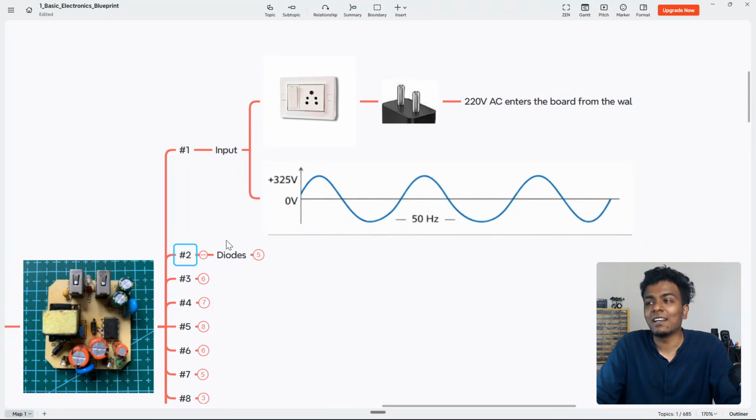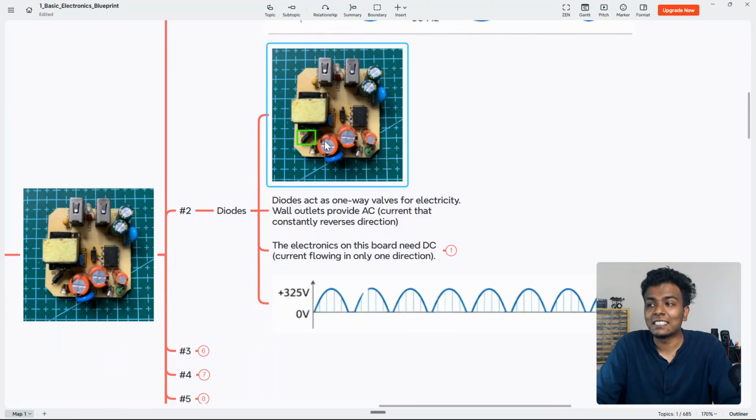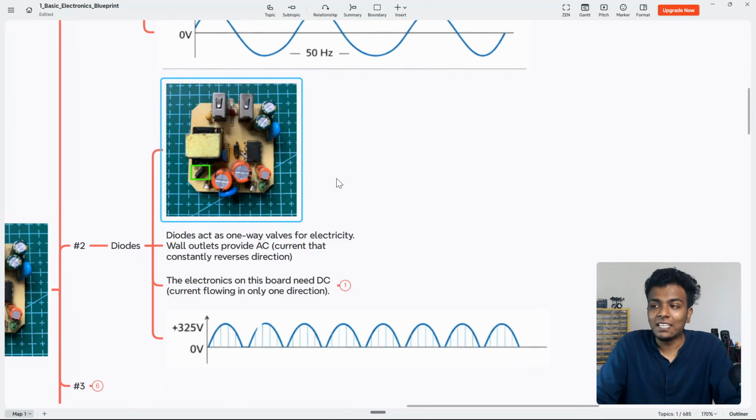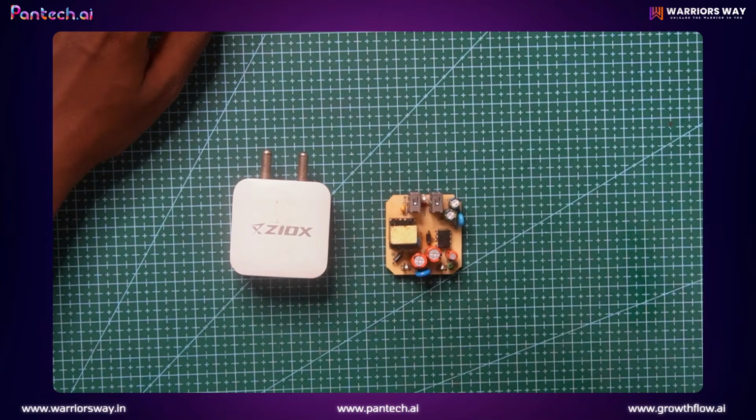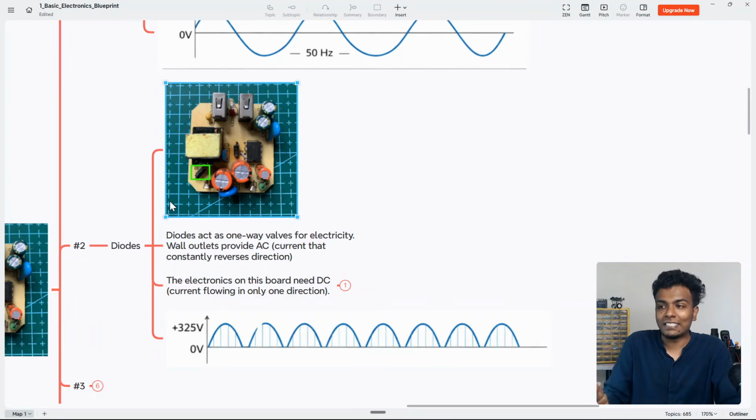Next, after the power socket, another very important component is called a diode. For everything, I have attached clear pictures with all the markings in the mind map, so it is easy for you to understand.